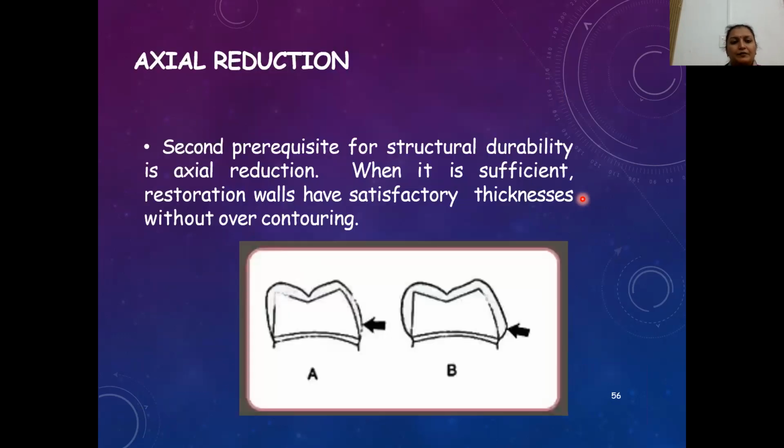Now, axial reduction. The second prerequisite for structural durability is axial reduction. When it is sufficient, restoration walls have satisfactory thicknesses without over-contouring. As you can see in this, the contours of the crown are normal, whereas this restoration has an over-contoured margin.